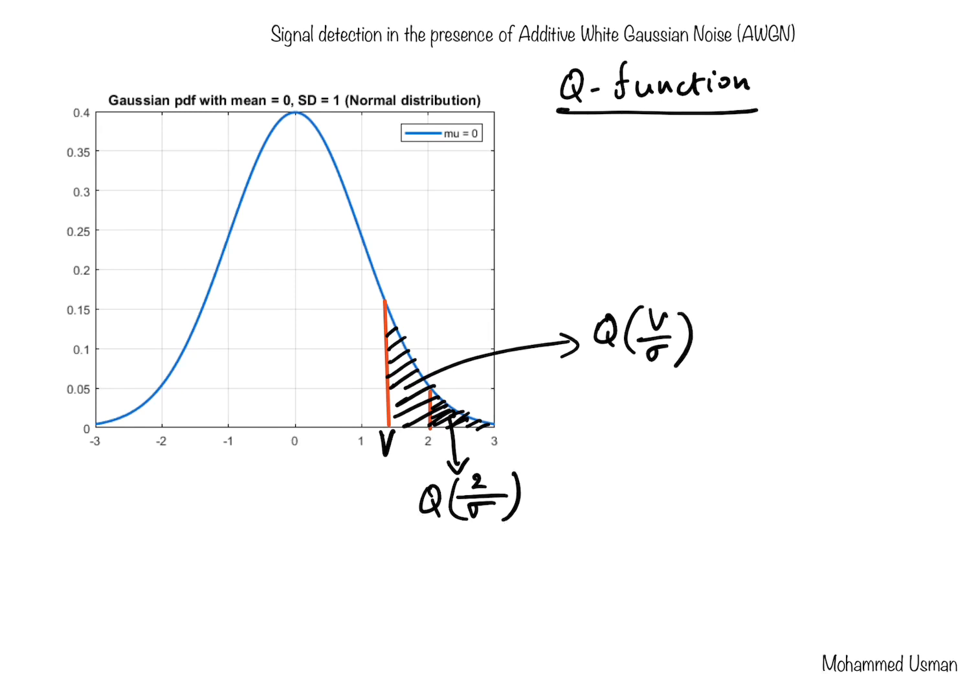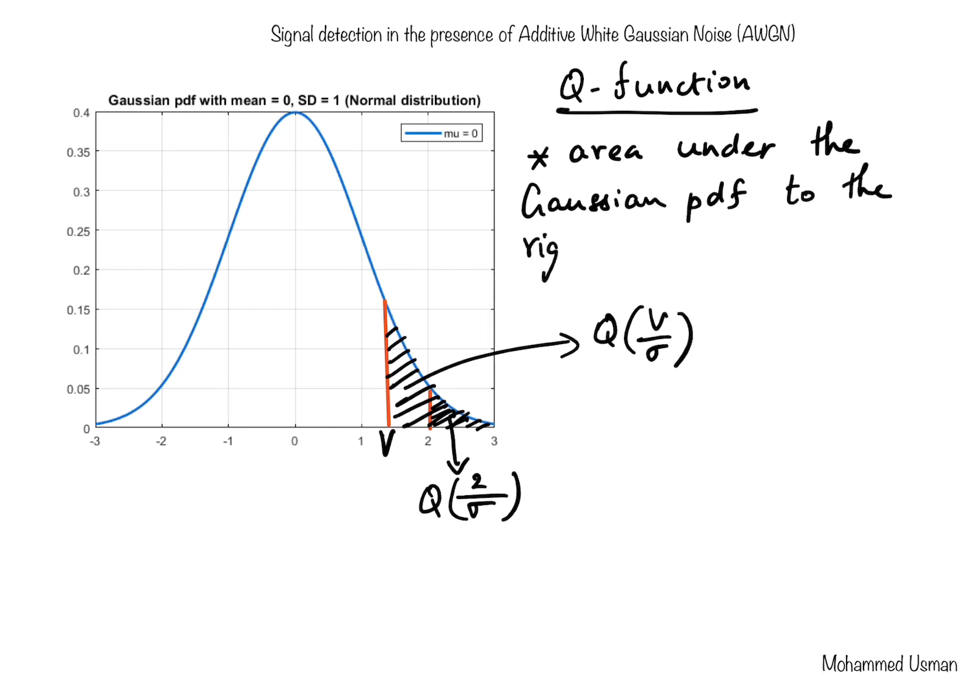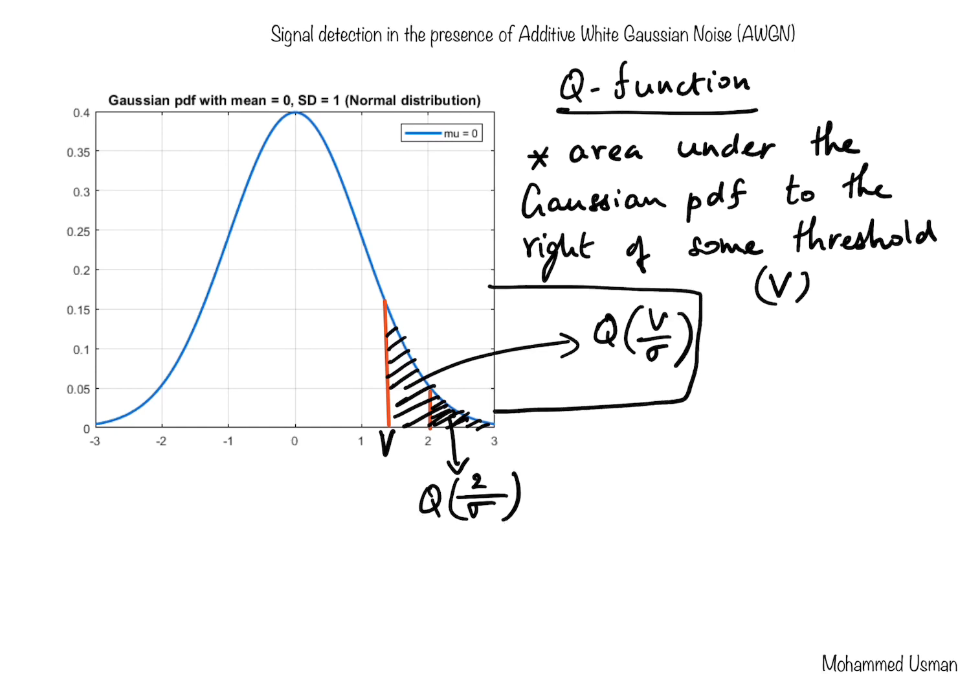We call this the Q function, which is nothing but the area under the Gaussian PDF to the right of some threshold, which we would denote as V. The threshold is V. Okay, I'm just going to mark this off. To the right of some threshold V.